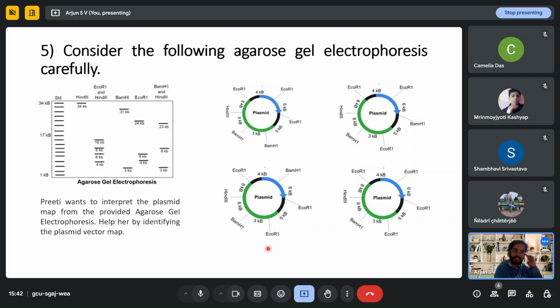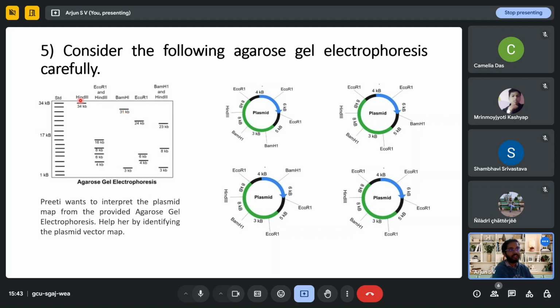I'll again give you time, maybe till 3:50. You can take your time, go over the gel as well as the plasmid map, and see which one fits. One takeaway message from the last question is that the number of bands under each case almost always signifies the number of restriction sites being used.